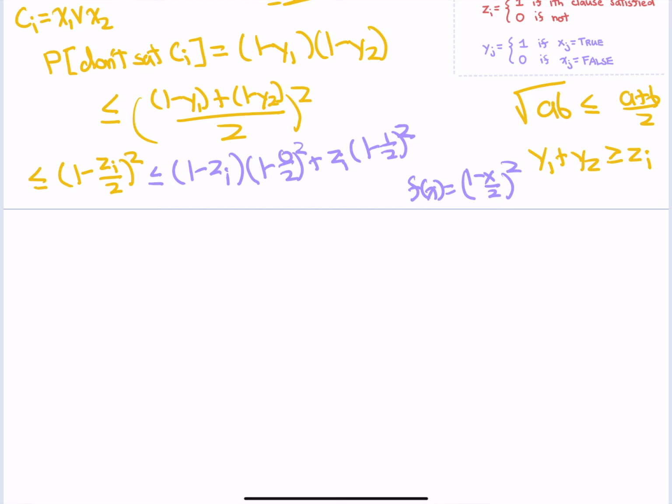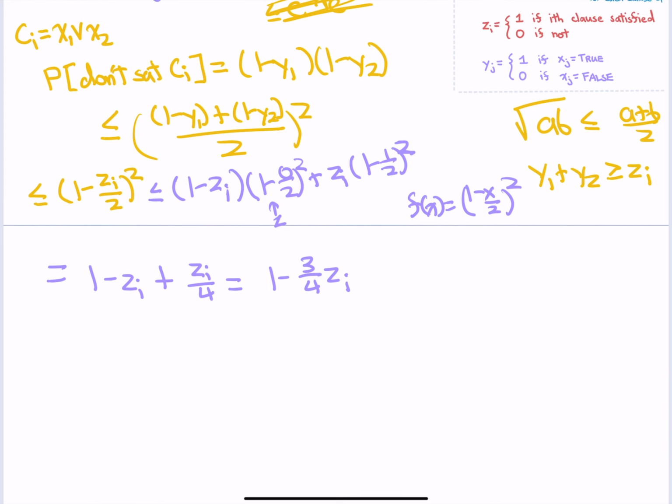Okay, I'll just do the math and get it over with. So this is a 1. So I get 1 minus zi plus zi over 4, which is 1 minus 3/4 zi. So you put that all together, that's the probability I don't satisfy ci.